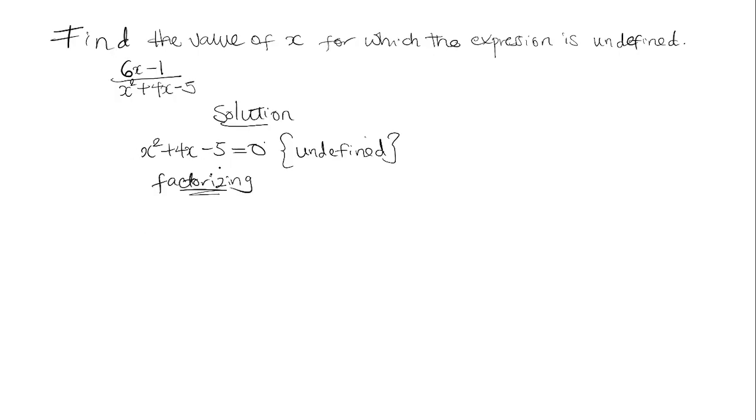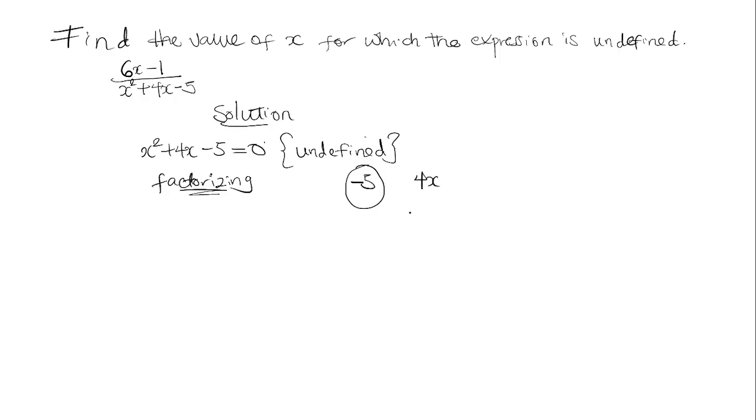Now, the trick in the method of factorization is that here we have our constant to be minus 5. Then the coefficient of x here is 4. Now look for two numbers that when you multiply them together, it must give you minus 5, and when you add them together, it must give you 4.